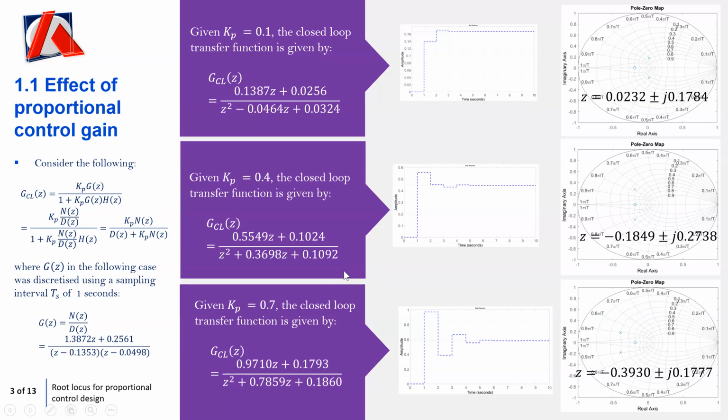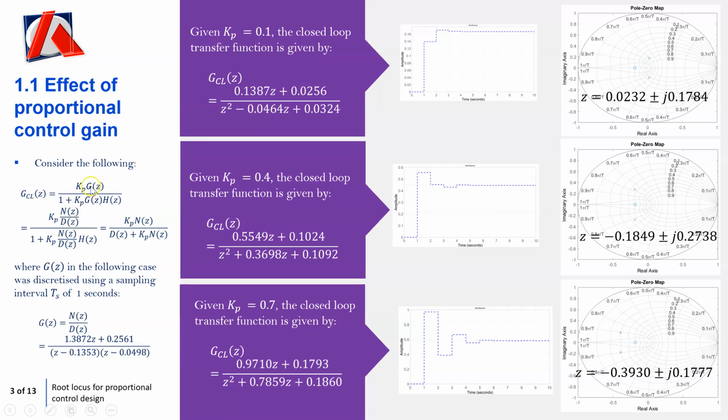If we're looking at the transfer function for the closed loop system, this is the form that we're given, where g of z could equal n of z over d of z, where the numerator is this value here and the denominator is this.